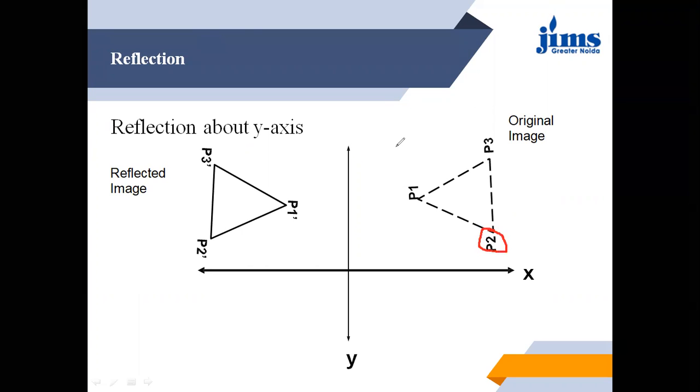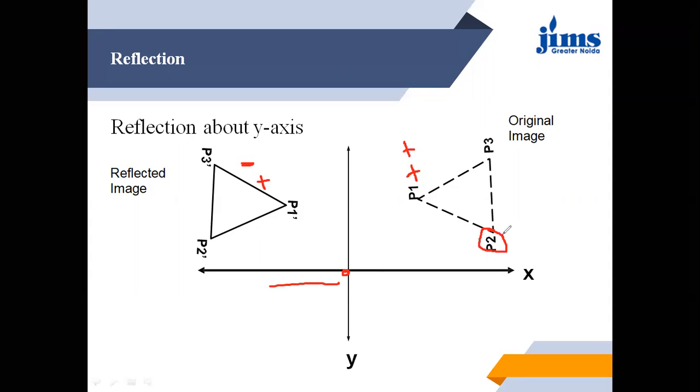And the reason for this is, as we discussed, that in the first quadrant the value of x is positive and the value of y is also positive, and in the second quadrant the value of x is negative, we are going in this direction from the origin, and the value of y is positive. So the value of x is going to be changed in this case.